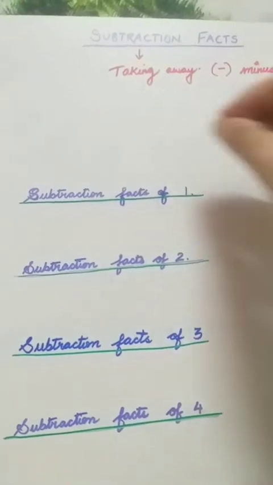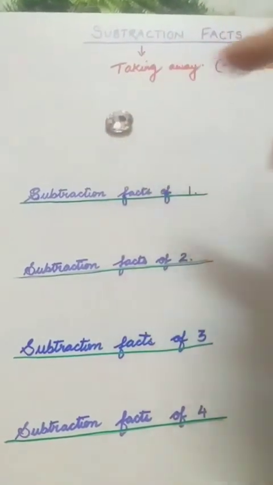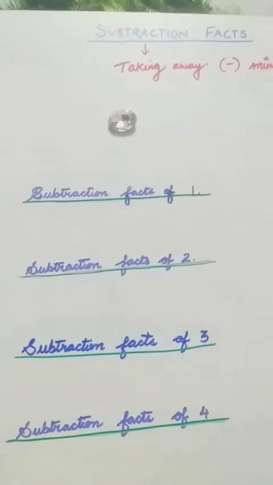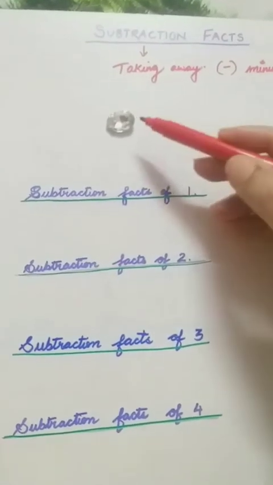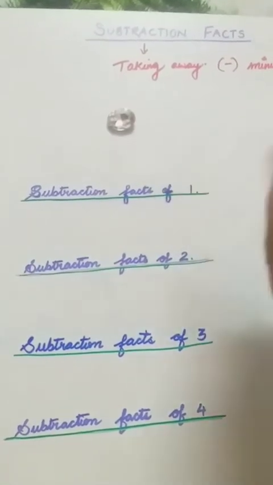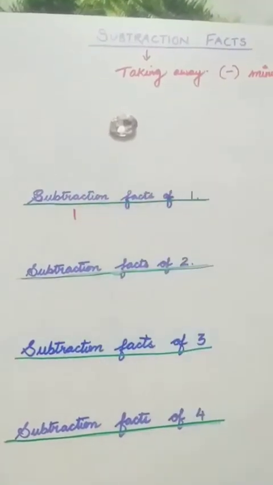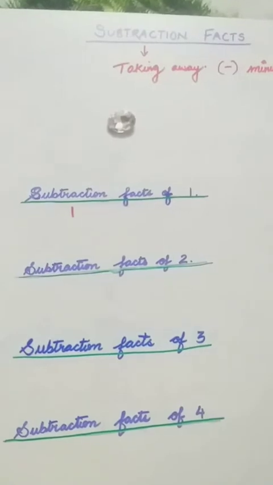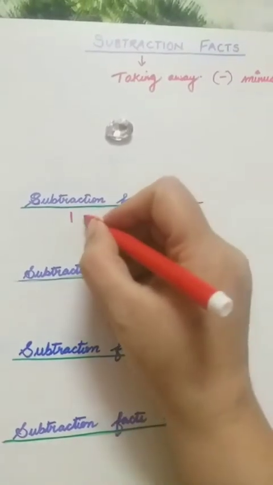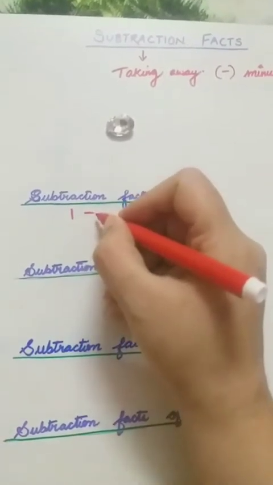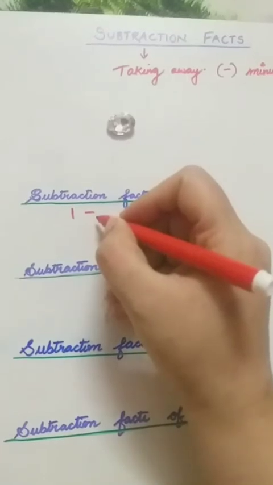For this we need any one object. So I am taking here one button. So we have how many buttons over here? 1. So our first number is 1. What is the sign of subtraction? Minus, and minus means taking away.